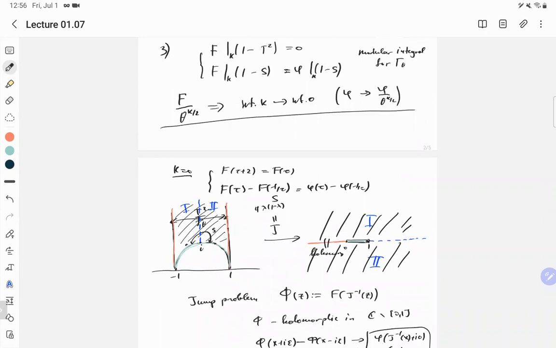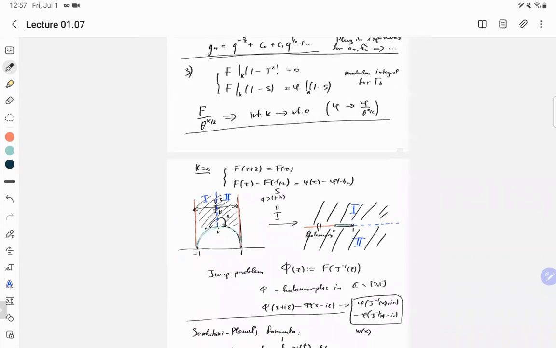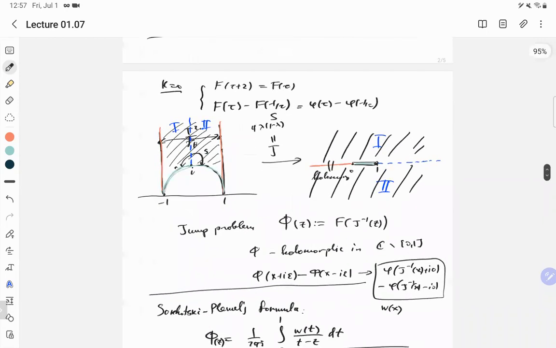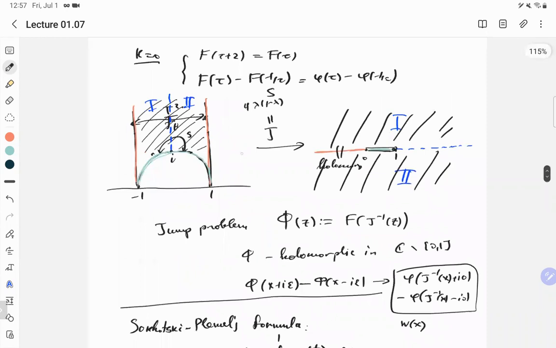Although I don't think we actually explain this connection with the Riemann-Hilbert problems, this jump condition. So we don't actually make this picture in the paper. We just work out all the details on the H side, and that's good enough. But I think to explain how this actually works, this is much better because we transform it into a problem that people solved 100 years ago already.